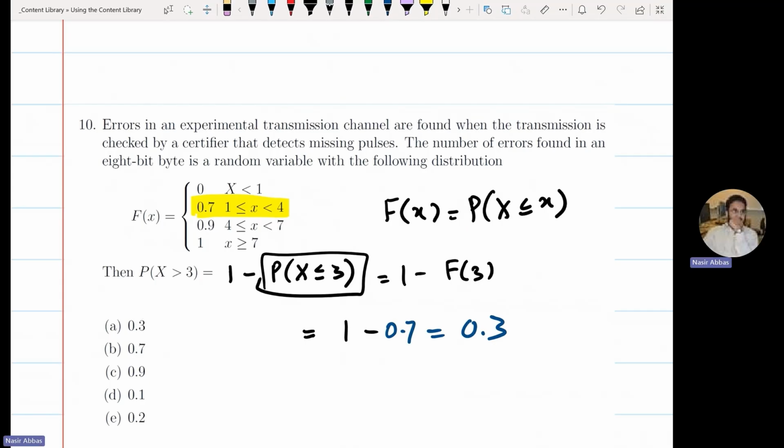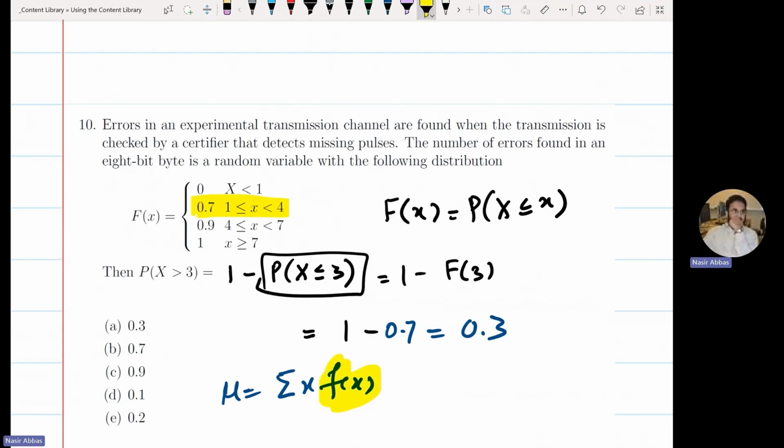What if they ask you to find the mean of x, not the probability? Now, the mean cannot be found through the CDF. For the mean, you must have the mass function. What is the mean? You must find this guy.